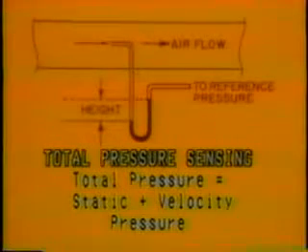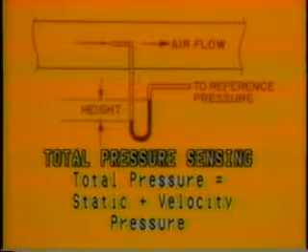Now, let's consider these three pressure sensing areas. The first type, total pressure sensing. At any cross-section in a duct, the total pressure, PT, is the sum of the static pressure, PS, and the velocity pressure, PV. This illustrates the method of measuring total pressure.